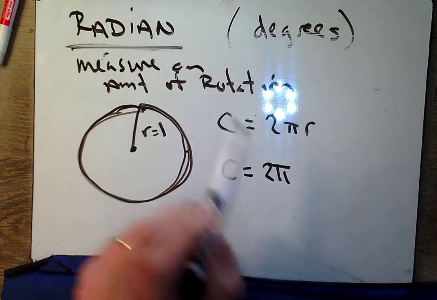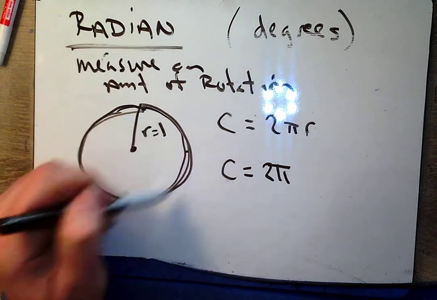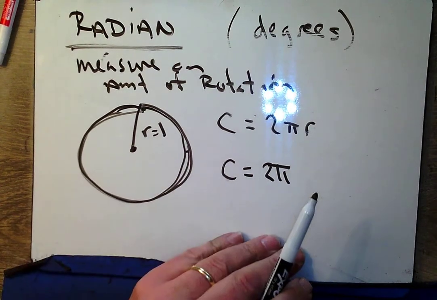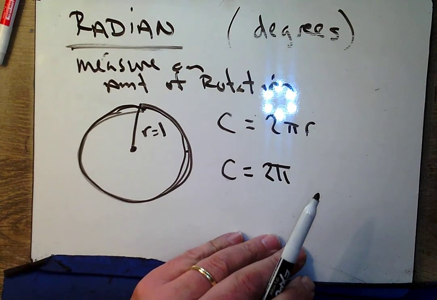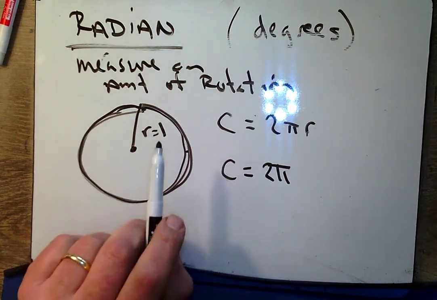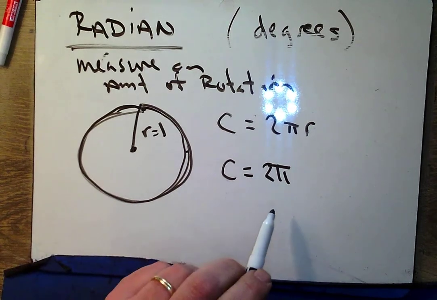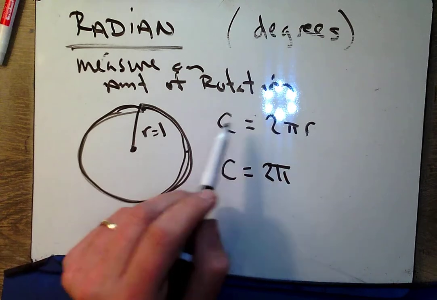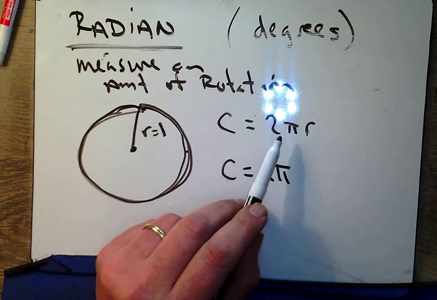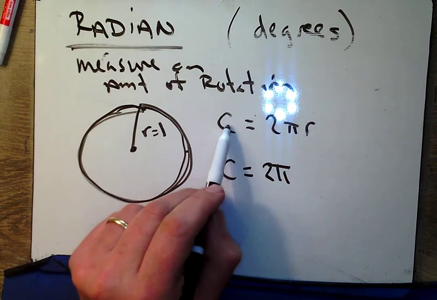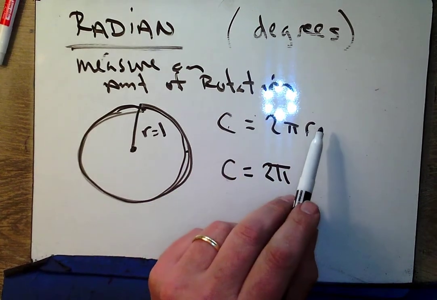All right, because remember that arc length is the same as... No, that's not what I wanted to say. Yeah, and so rather than conflate, I'm just going to move on. So, circumference, good, r.